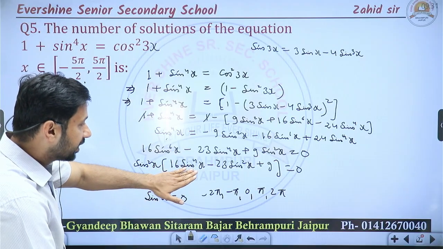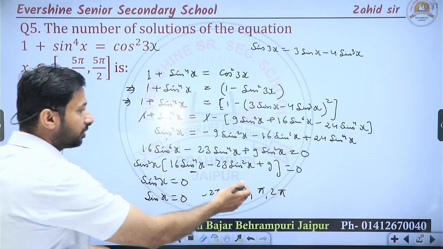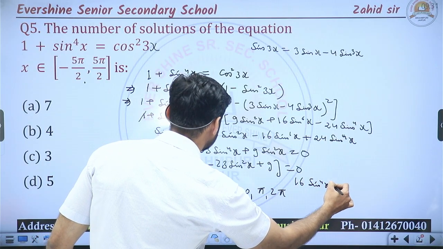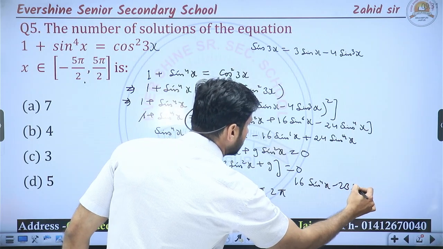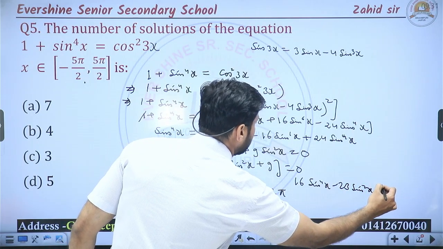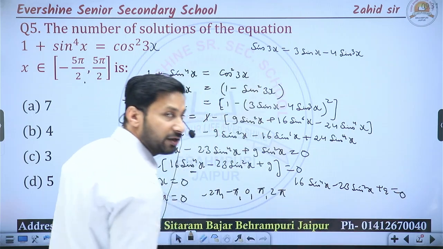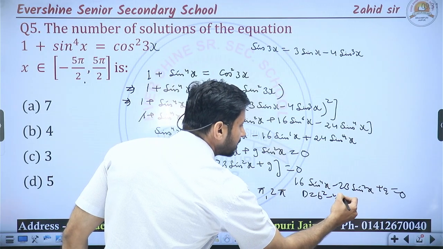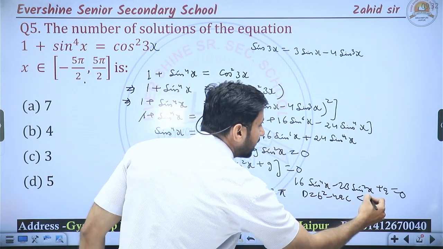Now the second one, this can be equal to 0: 16 sin raised to the power 4x minus 23 sin square x plus 9 equal to 0. If I find the discriminant, that is b square minus 4ac, it will be less than 0.